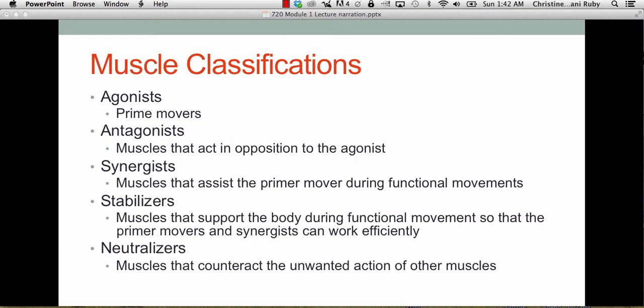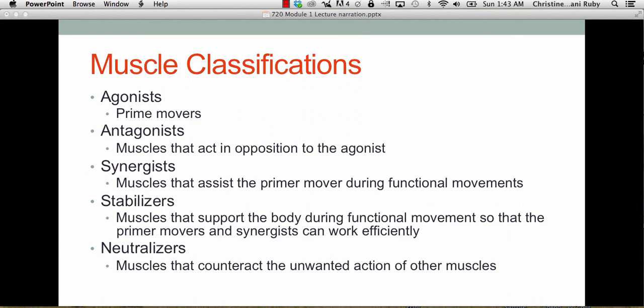Now there's another classification that is probably not as well known: the neutralizers. These are muscles that counteract the unwanted actions of other muscles. Probably the perfect example here is the multifidus. The multifidus, as you know, goes through the entire spine, kind of looks like someone sewing, and its action is a stabilization or a traction kind of force in the spine.